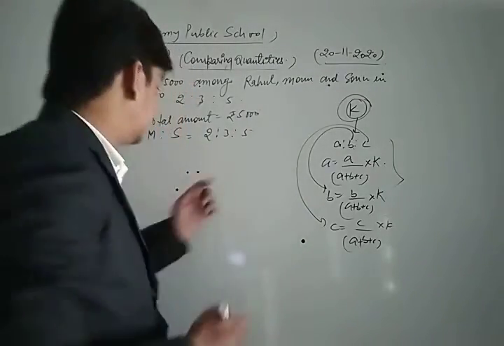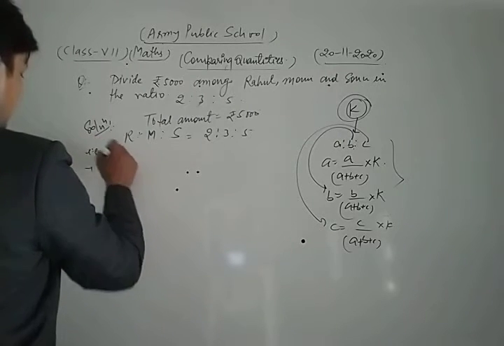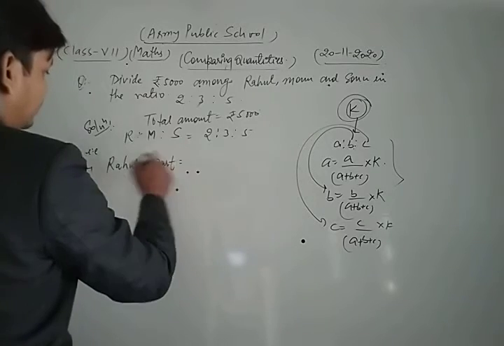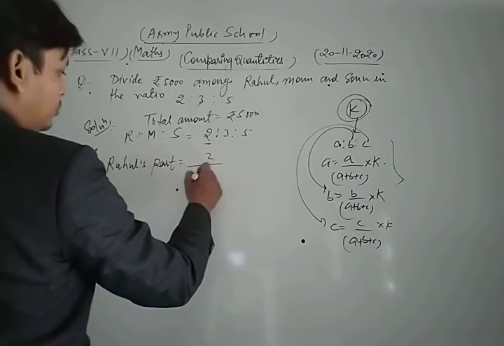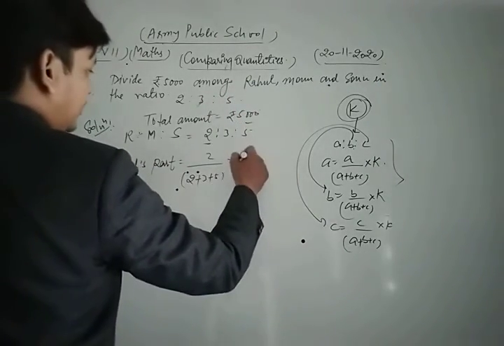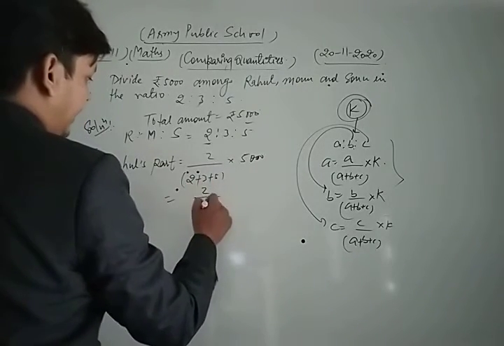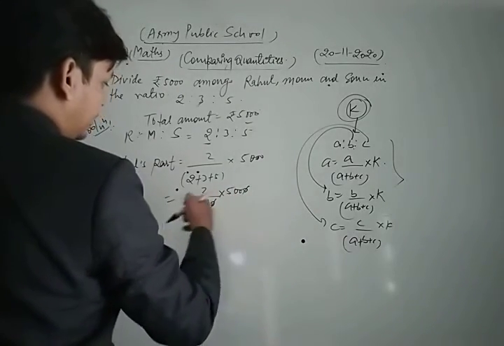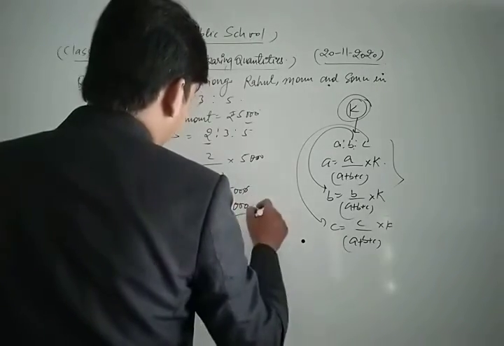Then Rahul's part will be its ratio 2 in the numerator and the sum of ratios 2 plus 3 plus 5 into the whole amount 5,000. So let's simplify that. 2 upon 10 into 5,000, 0 cancels 0, so 500 into 2 is 1,000, so rupees 1,000.